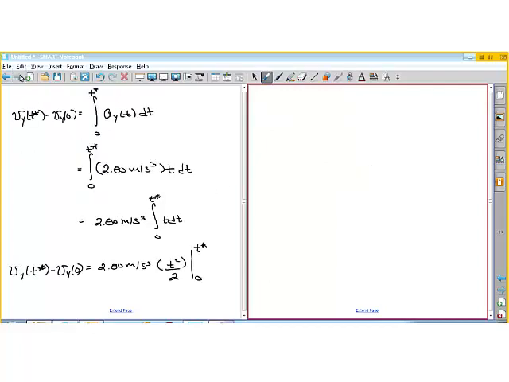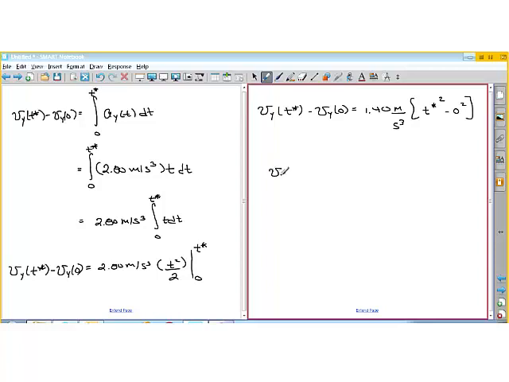Now if you plug in t star and 0 in the appropriate places, you get v sub y at t star minus v sub y at 0. 2.8 divided by 2 is 1.4, so you get 1.4 meters per second cubed times t star squared minus 0 squared.